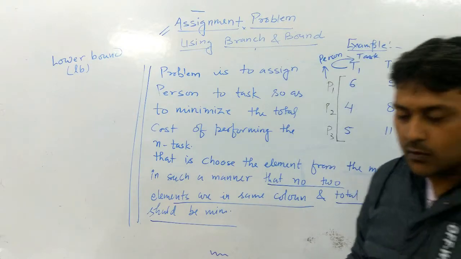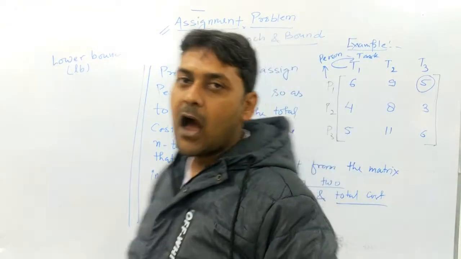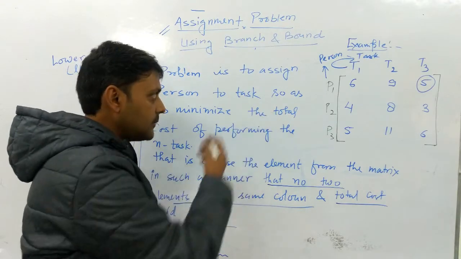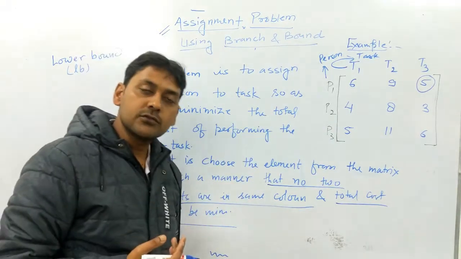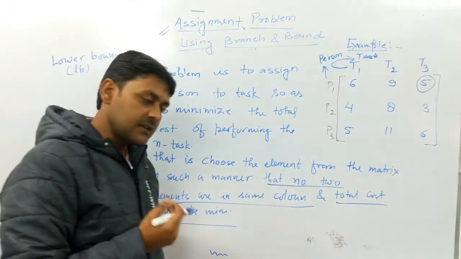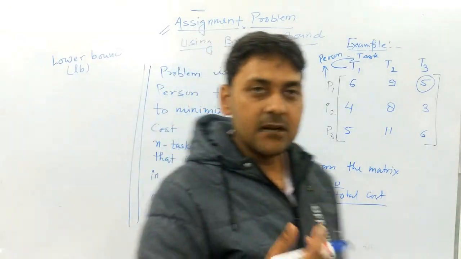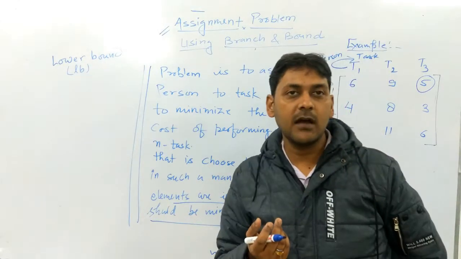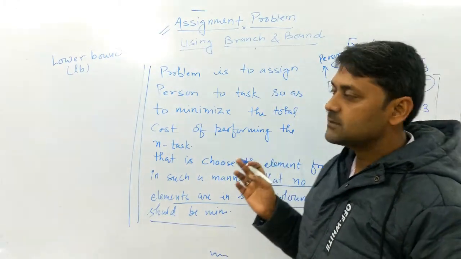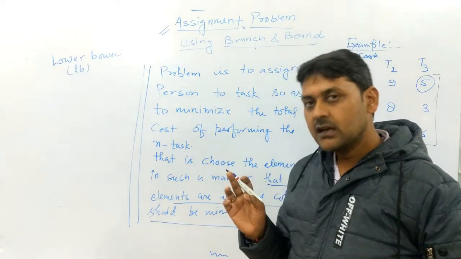So let me start how to solve this assignment problem using the branch and bound method. In the branch and bound method, we have to draw a state space tree.